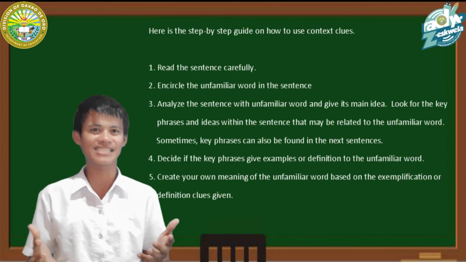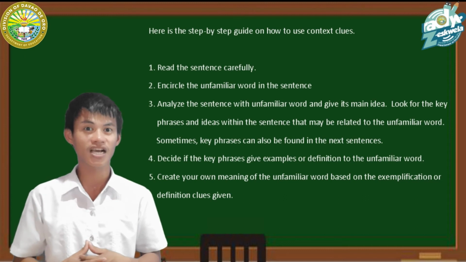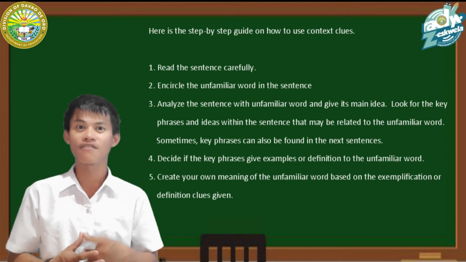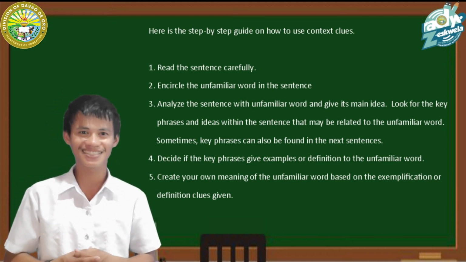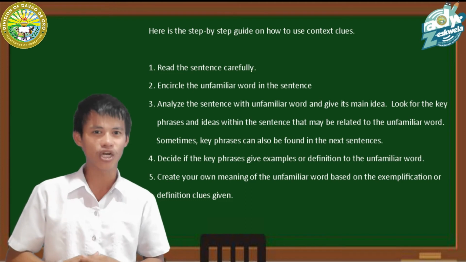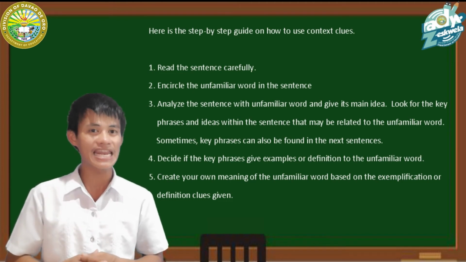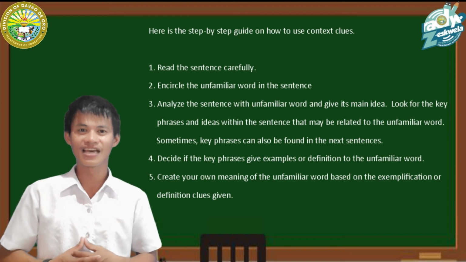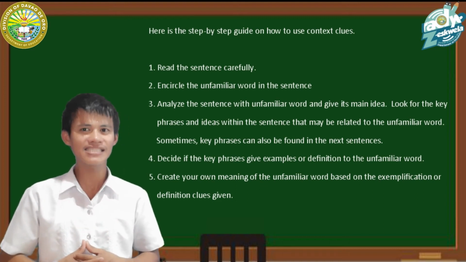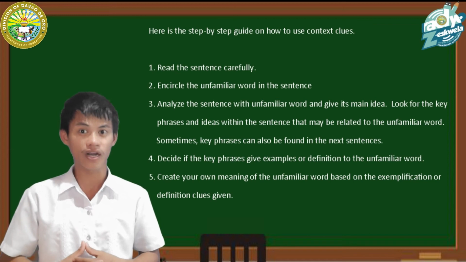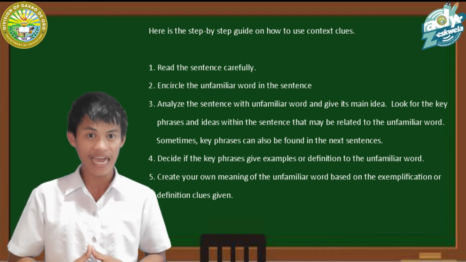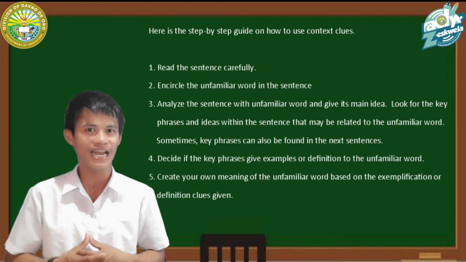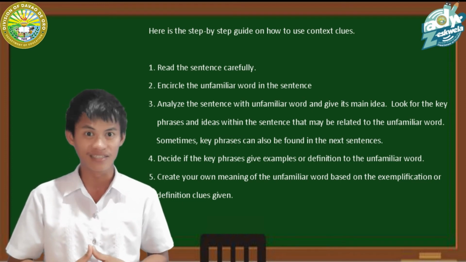Here is the step-by-step guide on how to use context clues. First, read the sentence carefully. Second, encircle the unfamiliar word in the sentence. Third, analyze the sentence with unfamiliar word and give its main idea. Look for the key phrases and ideas within the sentence that may be related to the unfamiliar word.